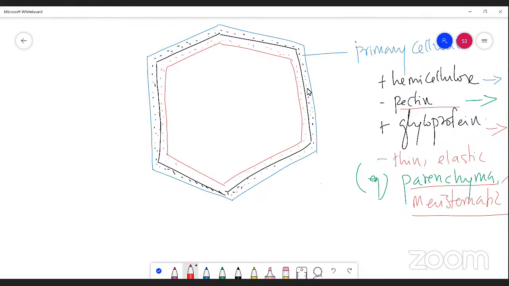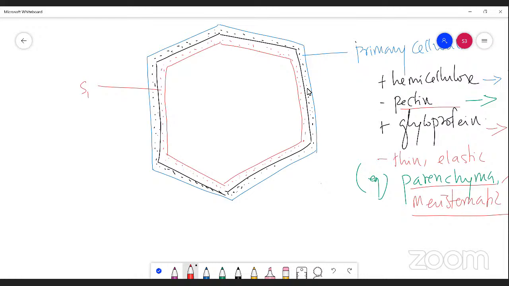The first one is the S1 layer. The S1 is very close to the primary wall.